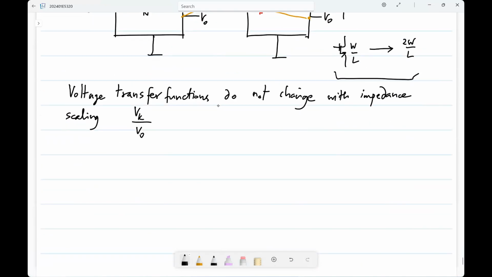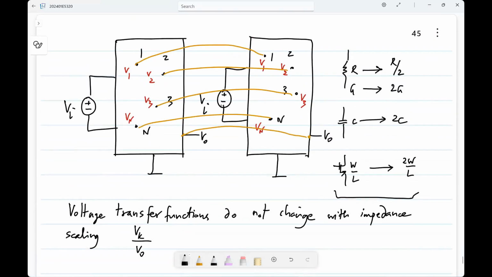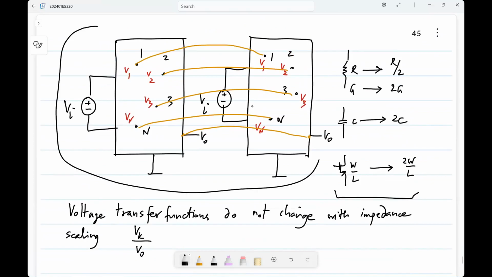What happens to current to voltage transfer function? Let's say we had, let's see, okay, maybe it's neater if I just copy this over.